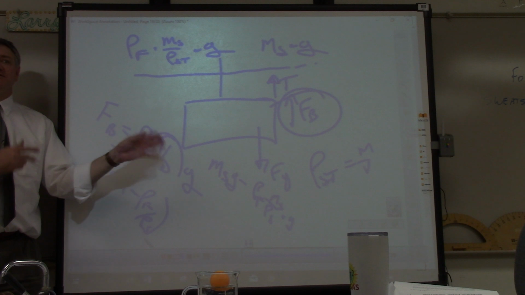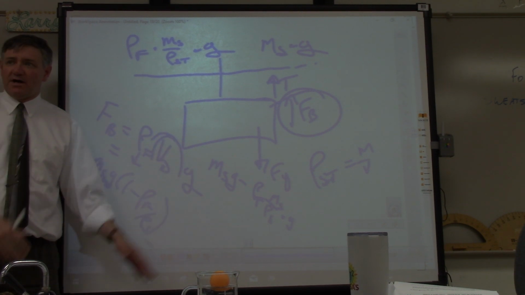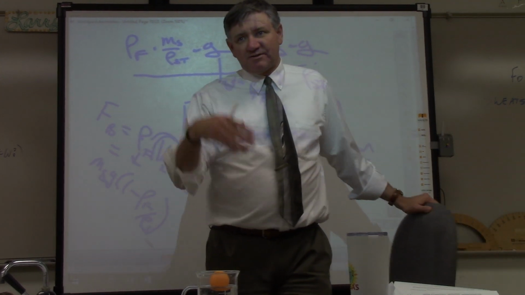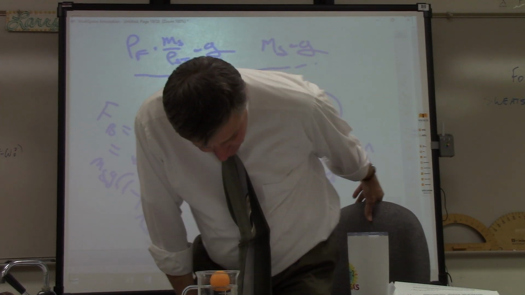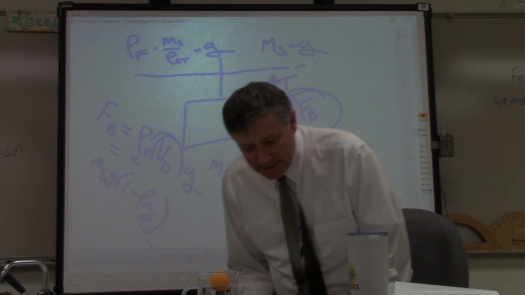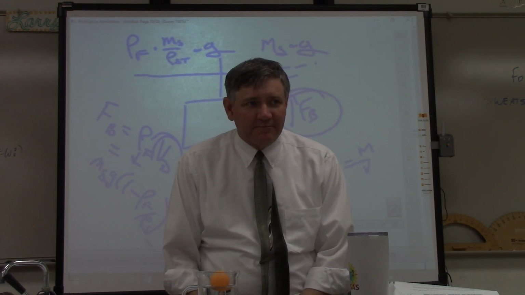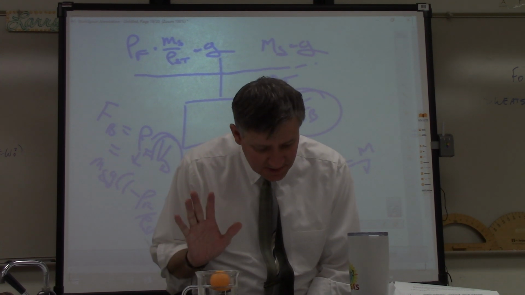So this is just how fancy you want to get with the algebra. It actually makes it a little bit easier to work, so you don't have to find the separate calculations. So anyway, that's a little bit fancy.